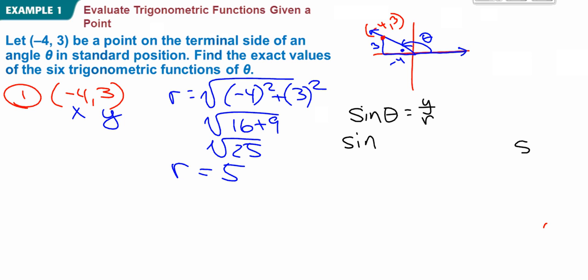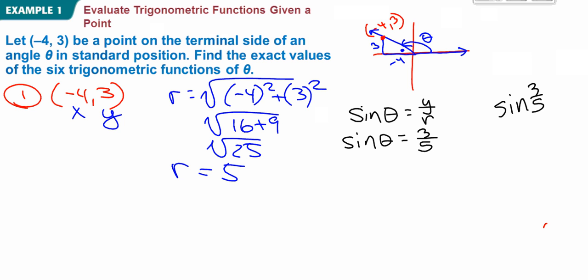So the sine of theta is 3 over 5. It's not the sine of 3/5, because actually that's something different. That's really saying that the angle is 3/5, which is a fraction, 0.6.